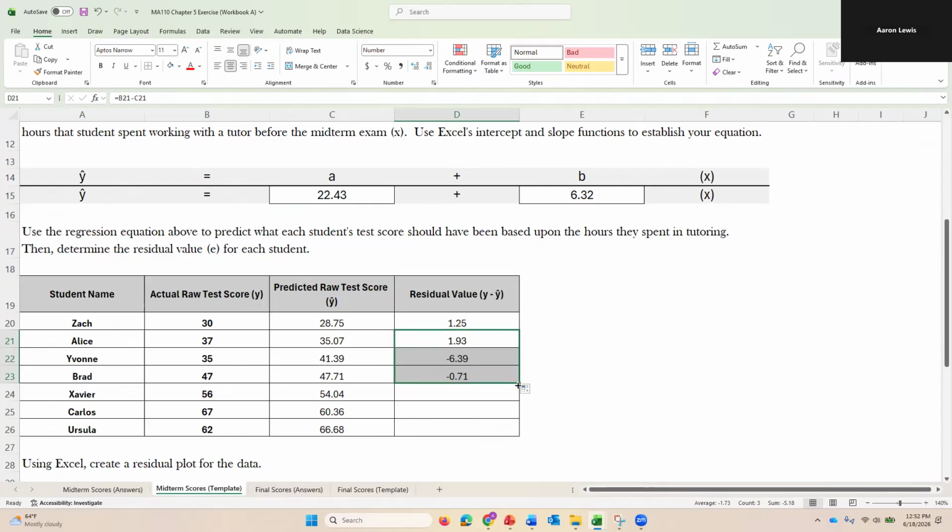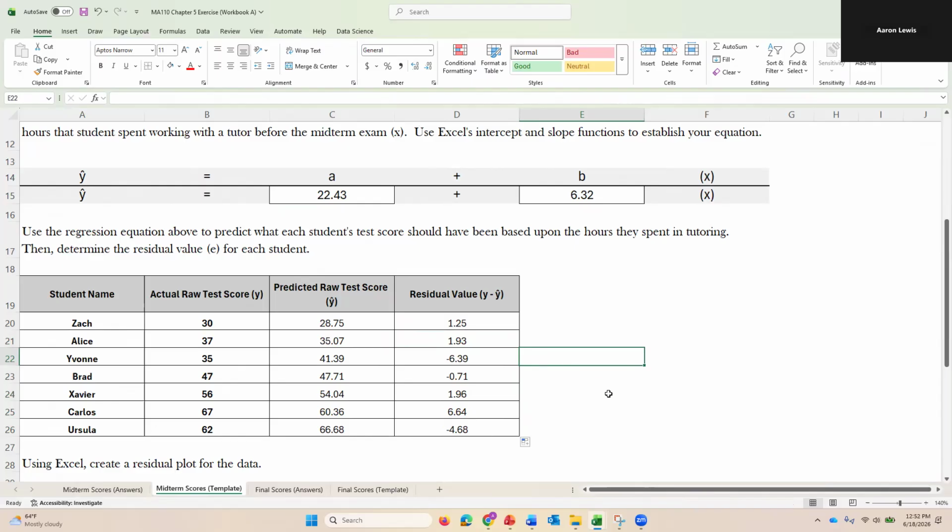For Xavier, he exceeded expectations by 1.96. Carlos is our overperformer in our data set. He exceeded expectations by 6.64 points, and Ursula under exceeded expectations by 4.68 points. But we have the residual for each one of our students in this class.